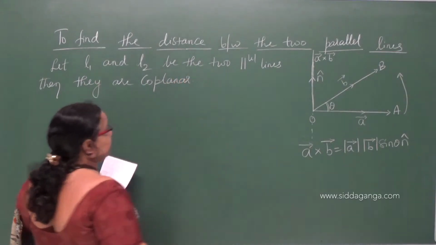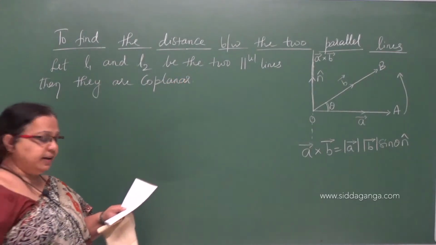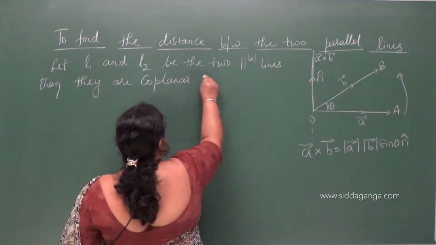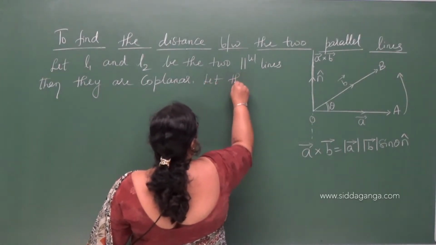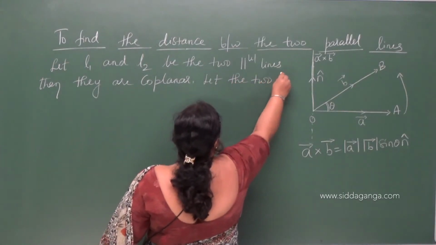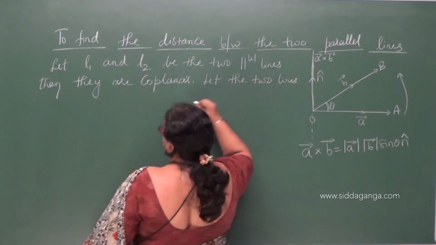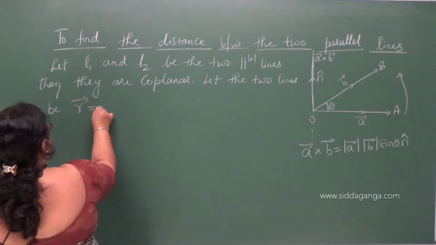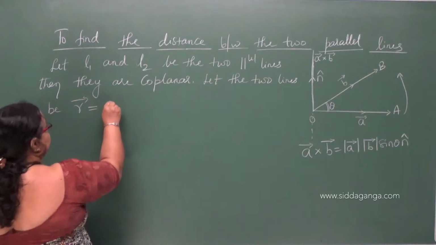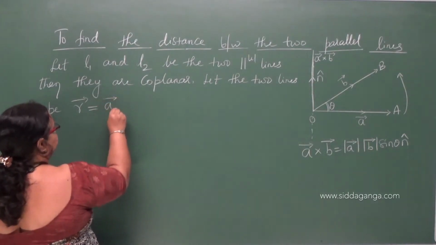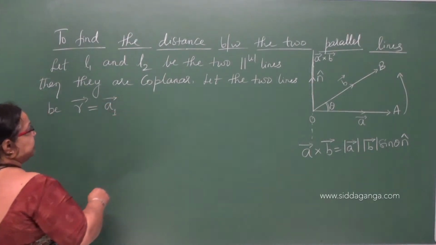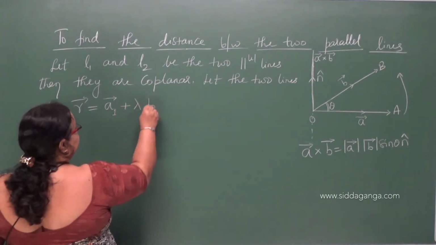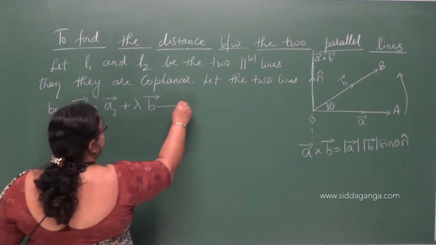So the two lines will be in the same plane. We take the two lines as follows. Let the two lines be: vector r equal to a1 plus lambda times vector b, this is the line passing through a point whose position vector is taken as vector a1 and it is parallel to vector b.